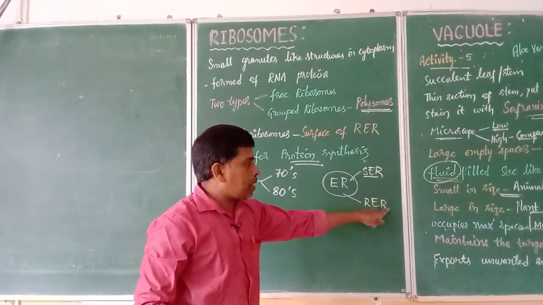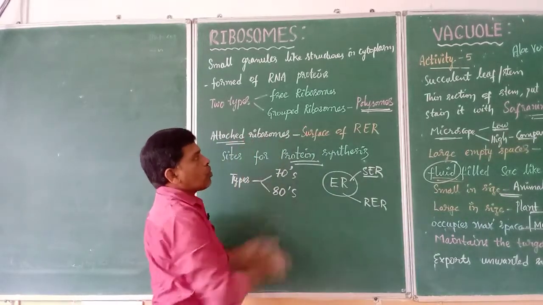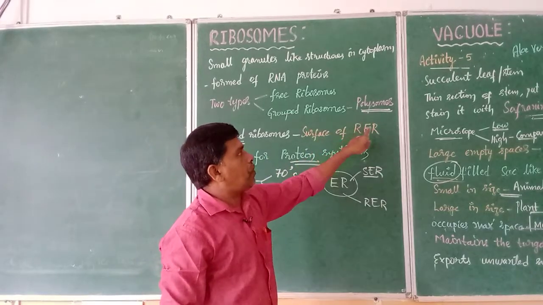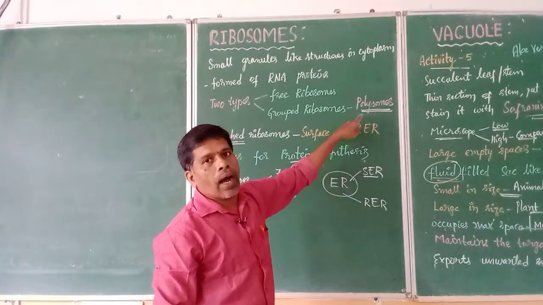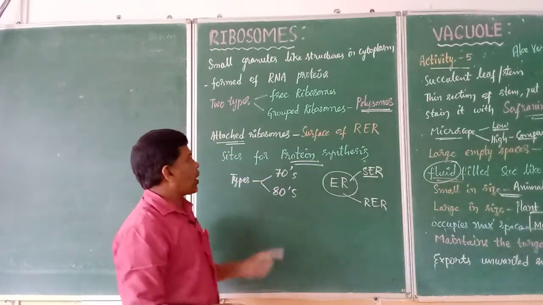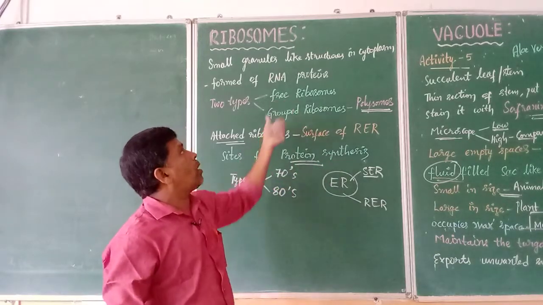You can see here the attached ribosomes. Where are they present? They are attached to the surface of the rough endoplasmic reticulum. RER means rough endoplasmic reticulum, and it is useful for protein synthesis. So this is all about the ribosomes.